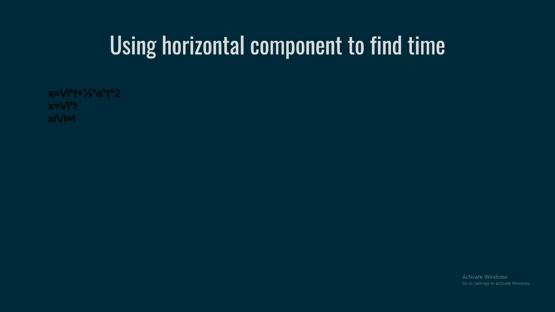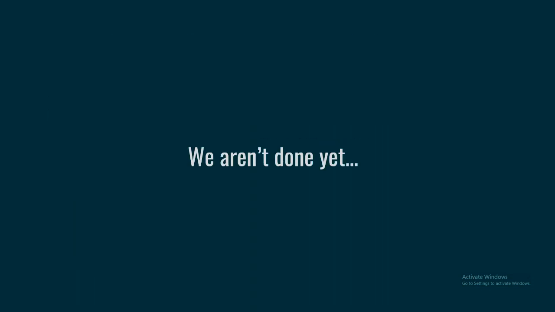Now, since we don't know the time, but we know both the displacement and the initial velocity of the horizontal, we can use unit analysis to figure this out. And the time comes out to be 4.28 seconds. But we aren't done yet.